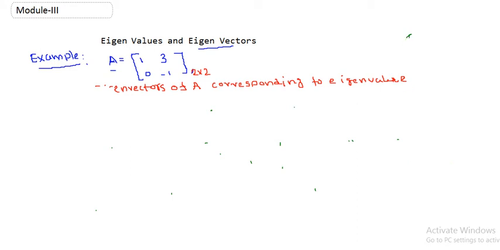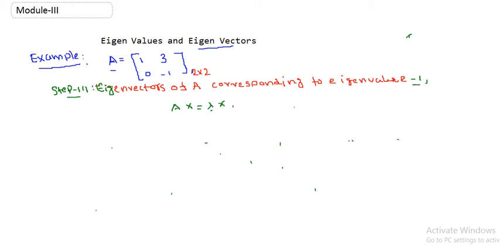So here we go. Now we can talk about step 3: the eigenvectors of A corresponding to the eigenvalue minus 1. We know that for an eigenvalue lambda, Ax equals lambda x.